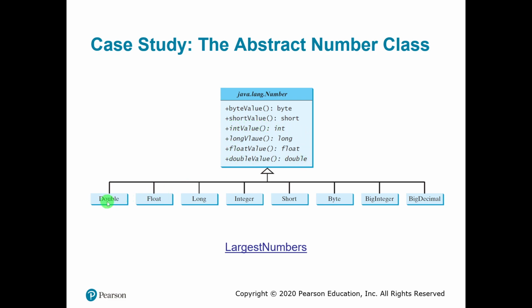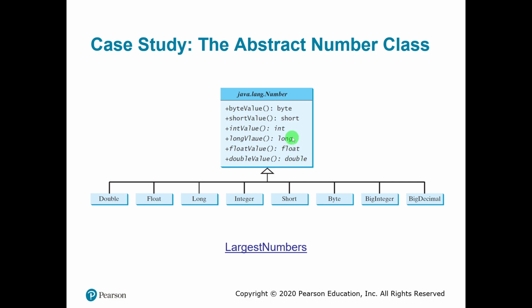So double, float, long, integer, all these classes in Java inherit from the number class, which means because they inherit from this abstract class, and that abstract class has these abstract methods, double must have an int value. Double must have a float value. Double must have a double value method.